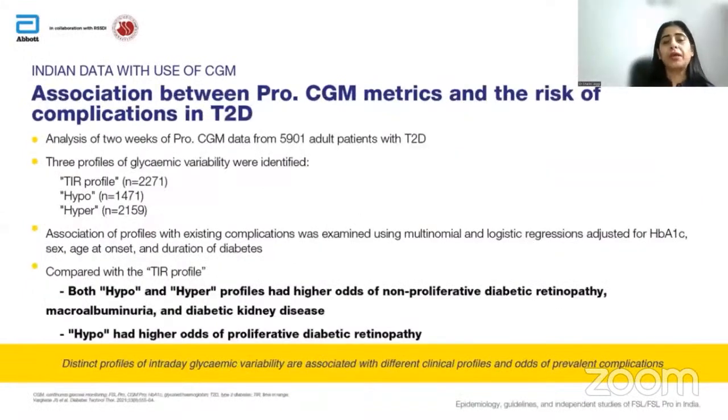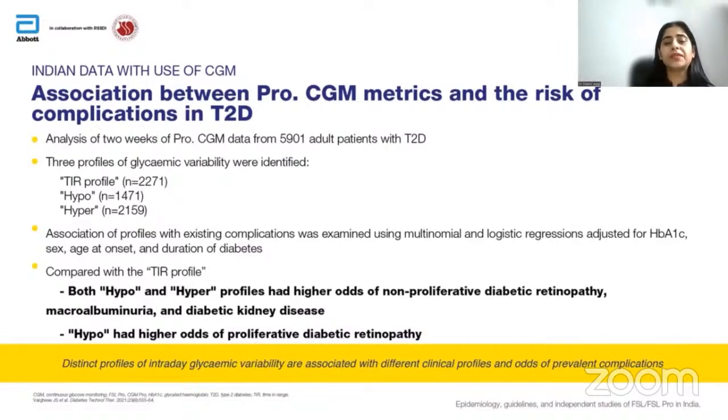Now, let me show you some more Indian data on association between professional CGM metrics and the risk of complications in type 2 diabetes. This is an analysis of 2 weeks of professional CGM use in 5,901 adult patients with type 2 diabetes. Three different profiles of glycemic variability were identified: the time in range profile, the hypoglycemia profile, and the hyperglycemia profile.